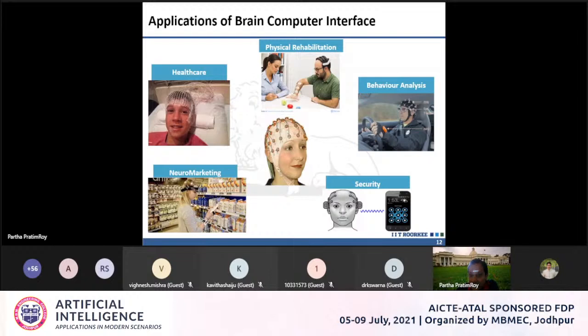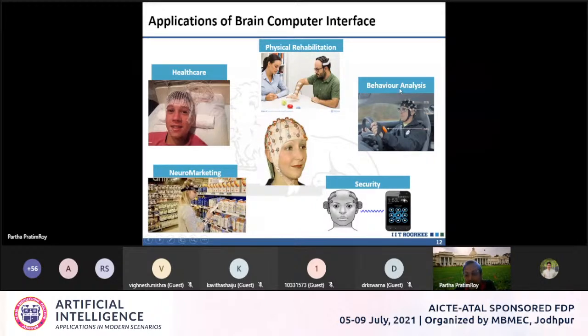Accordingly, we can place some motors and they can start moving. This technology can understand from the signals whether he wants to move his hand towards the object, whether he can capture it or not. Accordingly the motor will function. These are all physical rehabilitation.